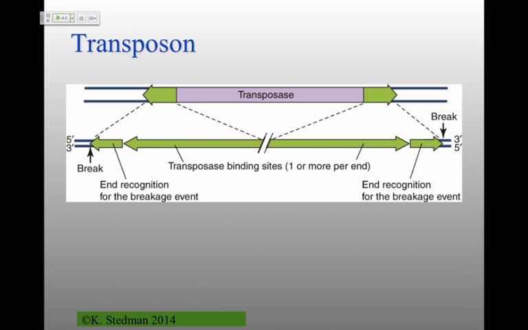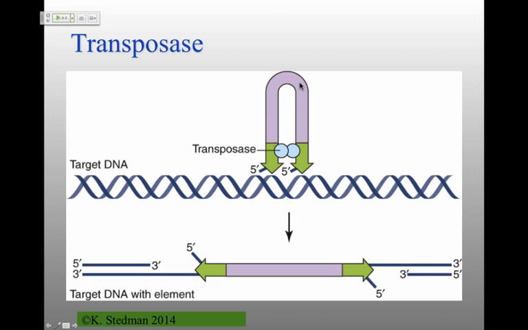So let's look at how that happens. Here we have our transposon with the transposase bound to its binding sites, and it's got a couple of 5' ends to this piece of DNA, which is just cut out of a genome from one place.